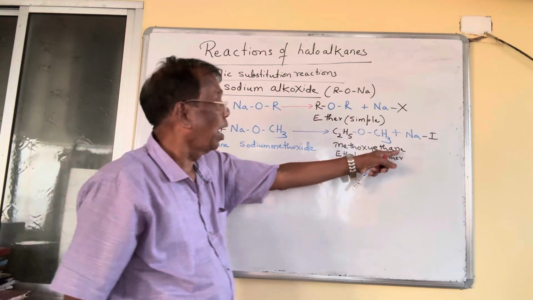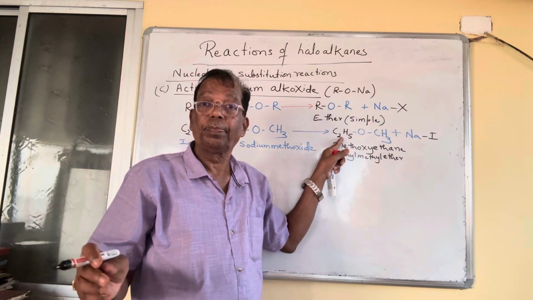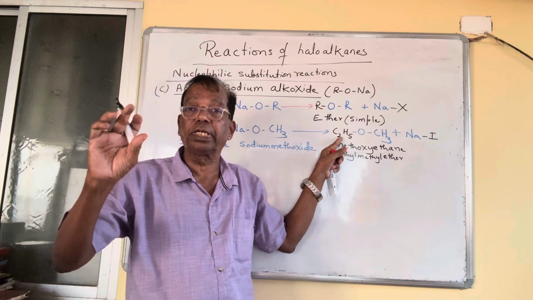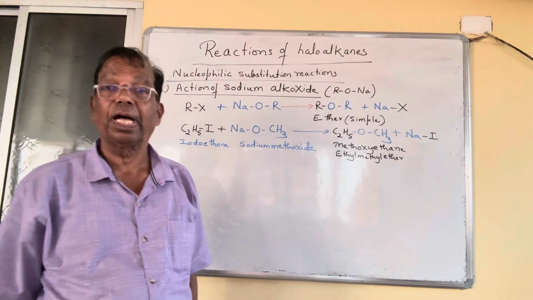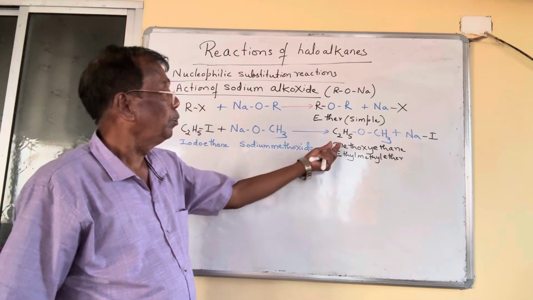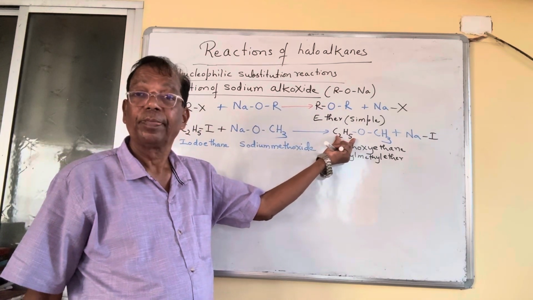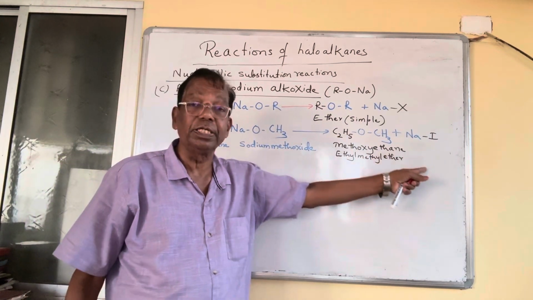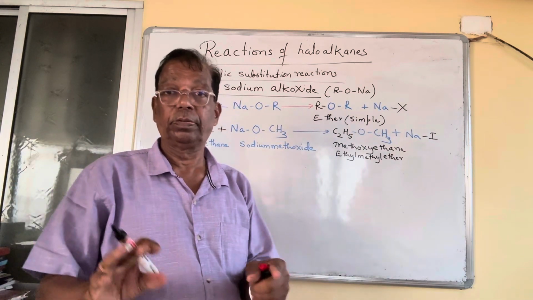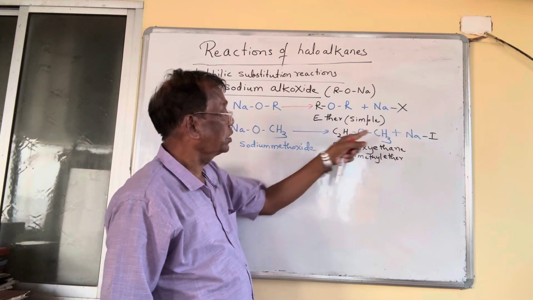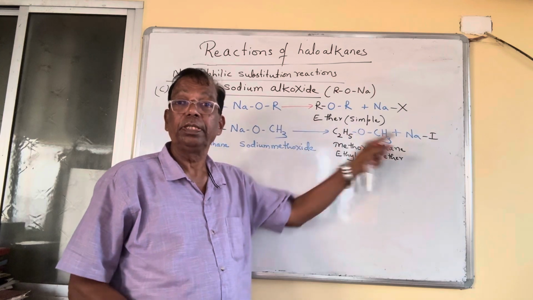Methoxyethane. Remember that the alkyl group which contains more number of carbons should end as alkane. Here the group with more carbons is ethane. Therefore you have to end it as ethane. I hope you will understand when you refer to it properly. So methoxy, and here ethane.